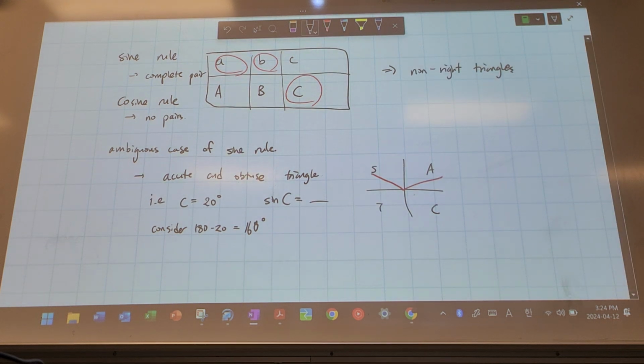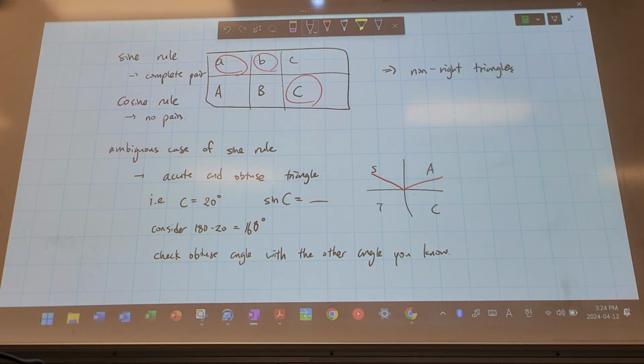After you find the angle, let's say 20 degrees, we have to think about the other one, 180 minus that, and then check the obtuse one. Add the obtuse angle and the other angle that you know from the question.